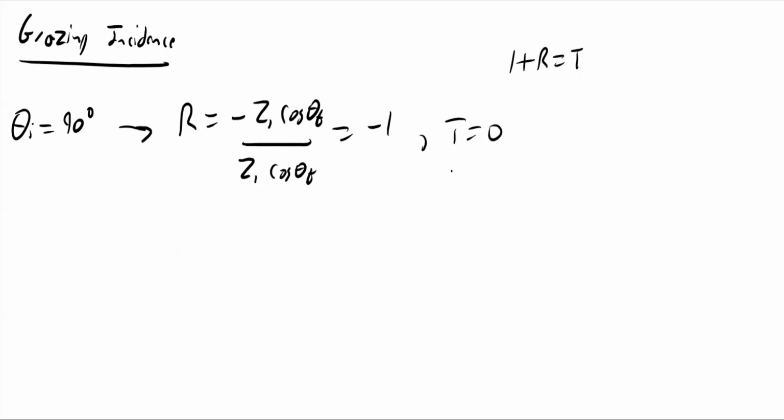So we see that even if the difference in impedances, Z2 over Z1, is large, it turns out that at grazing incidence, medium 2 actually behaves as though it were some sort of a pressure release material rather than the material that it is.